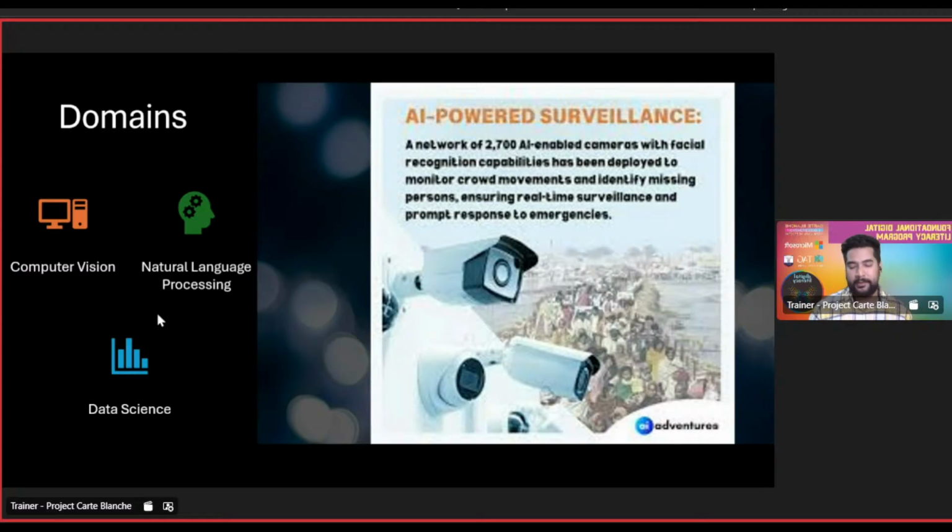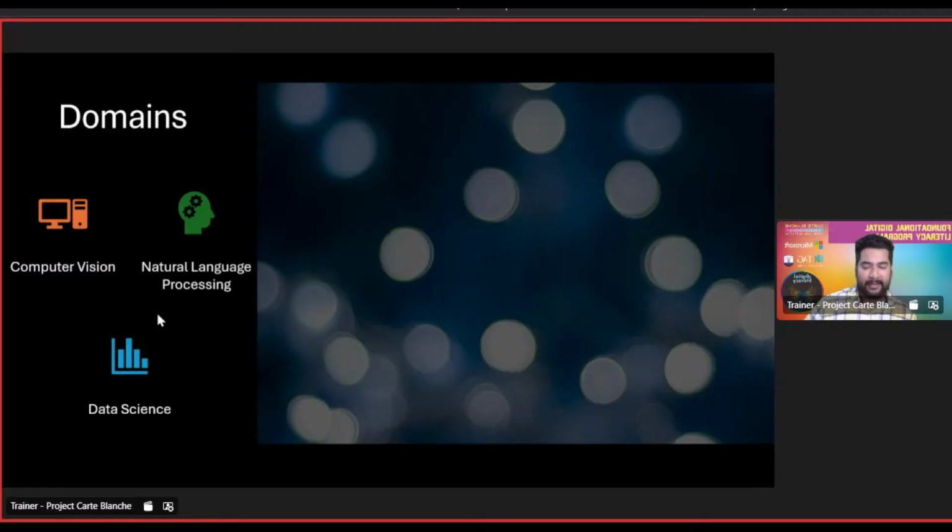In the Kumbh Mela, to know how many people were there, 2,700 AI cameras were installed, which read faces and found the unique people. So that was programmed like that.